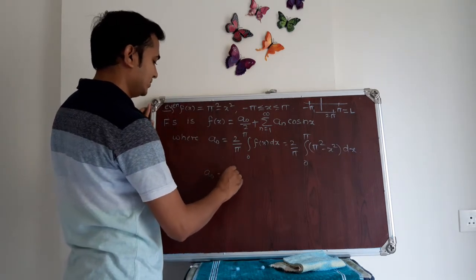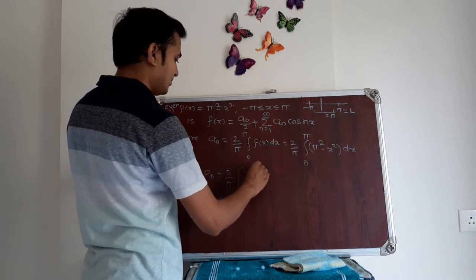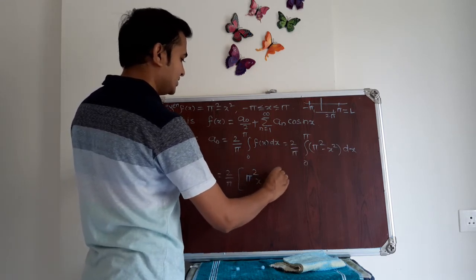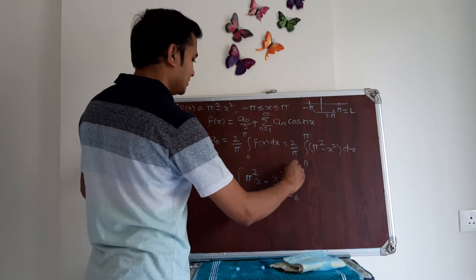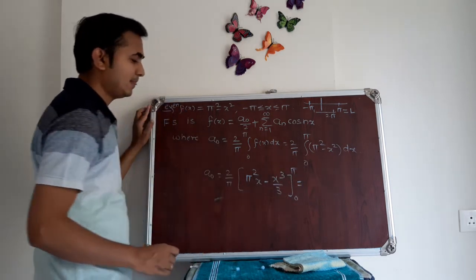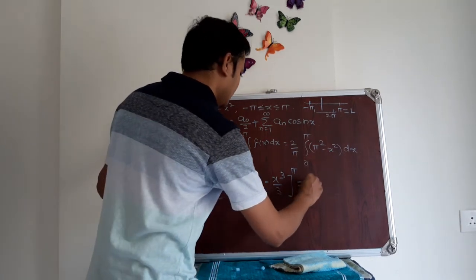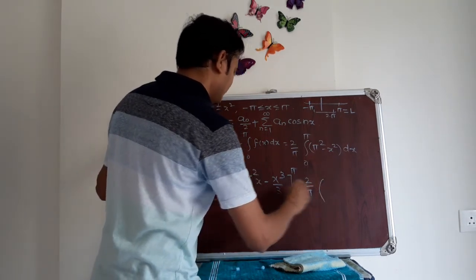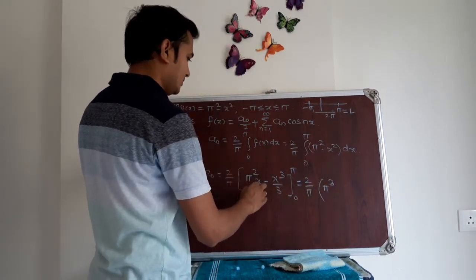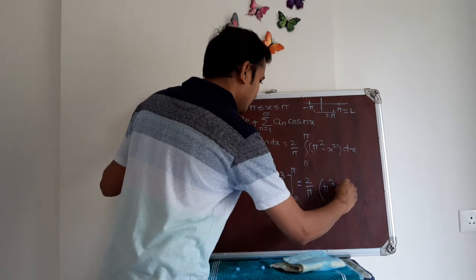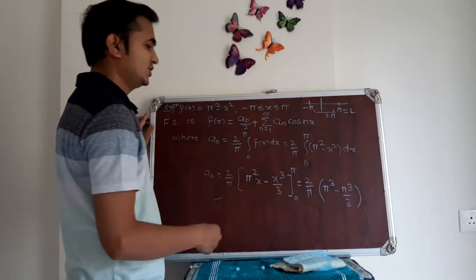So a0 is equal to 2 by pi, its integration is pi square x minus x cube by 3 with limits 0 to pi. If you substitute the upper limit, you get 2 by pi as it is, pi cube minus pi cube by 3. For the lower limit it becomes 0.